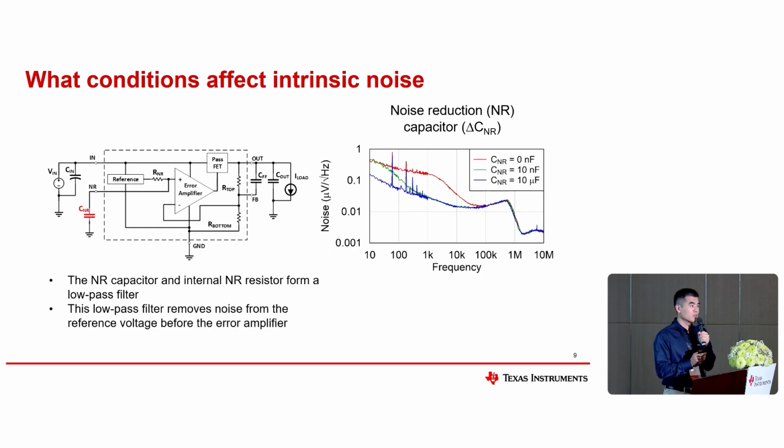It forms a low pass filter here, so that can also improve the noise. We can see this curve with different noise reduction capacitors. We can also get a little bit of noise reduction here.